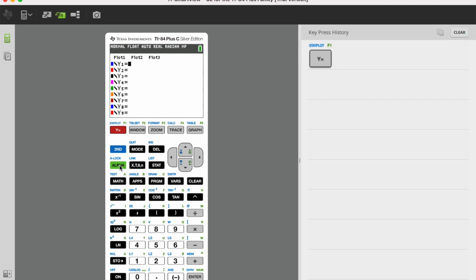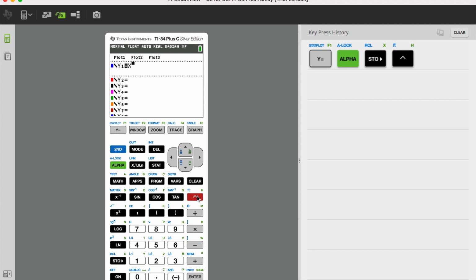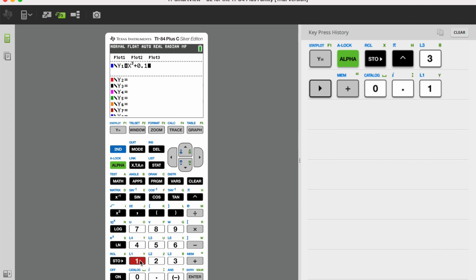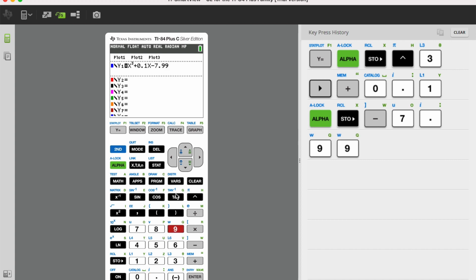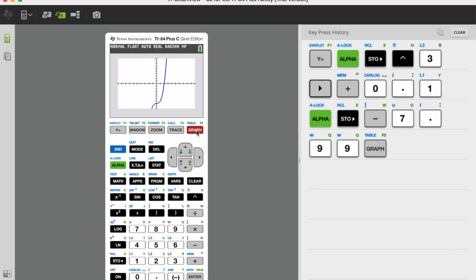So we're going to go ahead and put alpha x, and it's cubed, plus 0.1, we're going to say alpha x, minus 7.99. And we're going to hit graph.